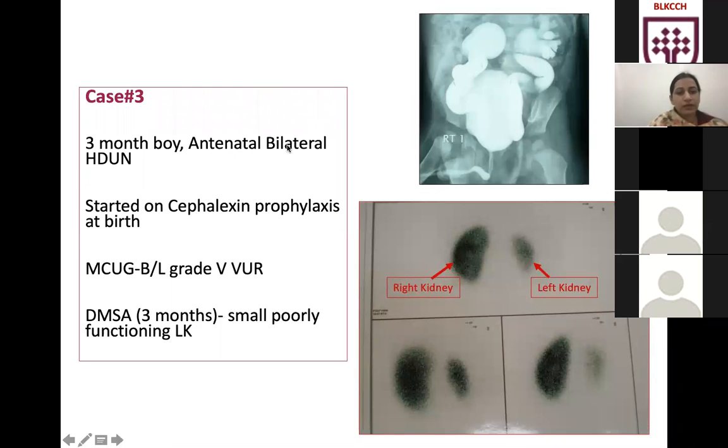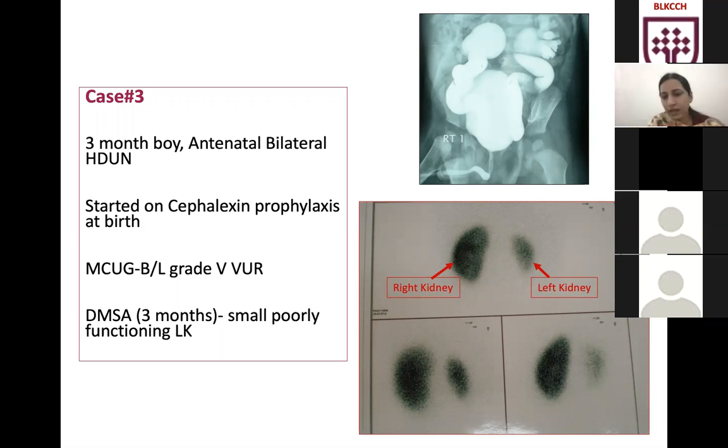So, a 3-month-old boy with antenatally detected bilateral hydronephrosis. Since the APD diameter was more than 10 millimeter, this child was started on cephalexin prophylaxis, and MCU showed bilateral grade 5 reflux. As you can see, there are bilateral dilated and tortuous ureters. And at 3 months, a DMSA scan was done where the left kidney was poorly functioning.